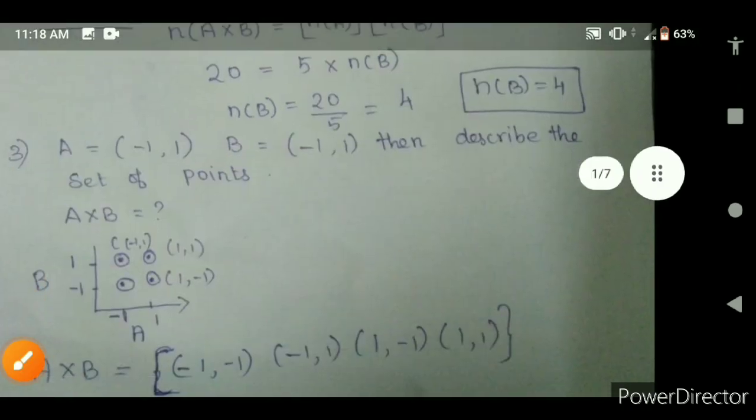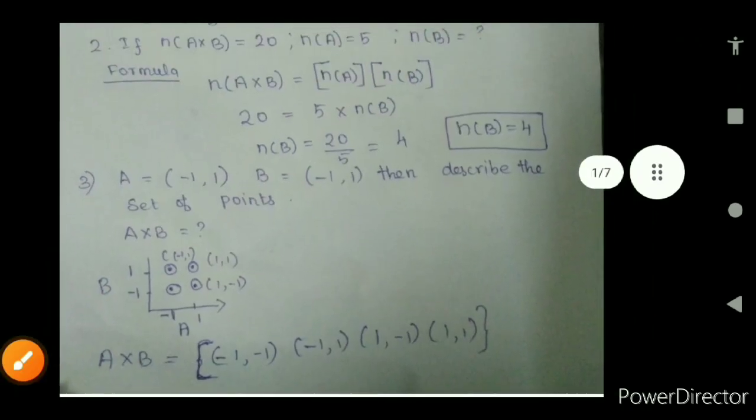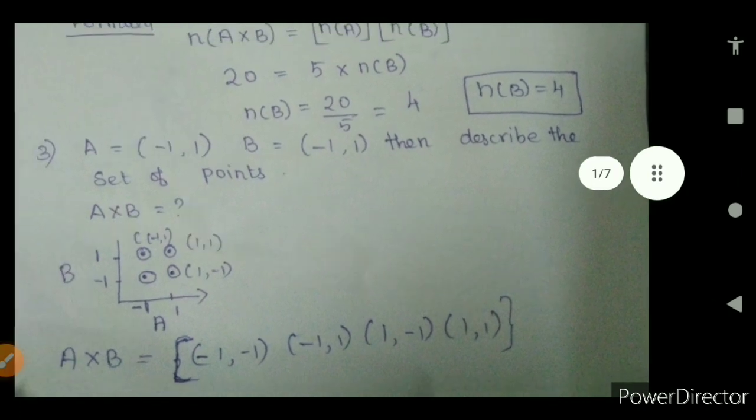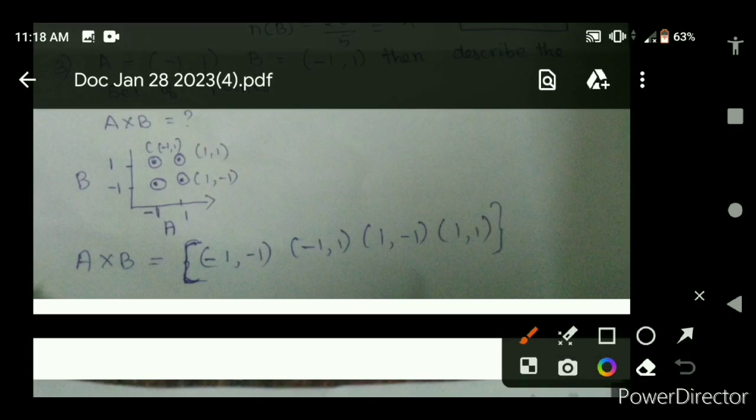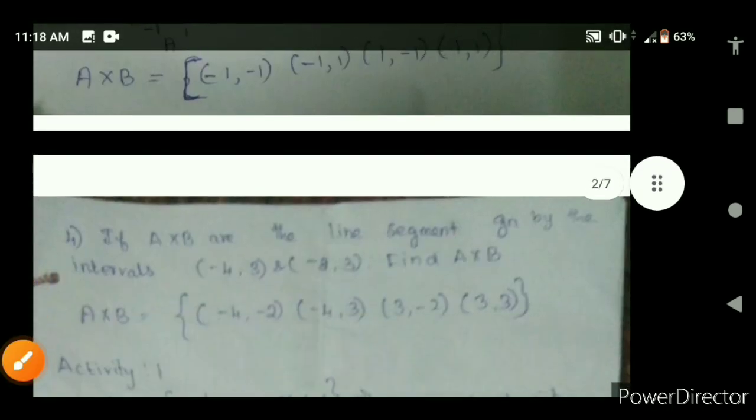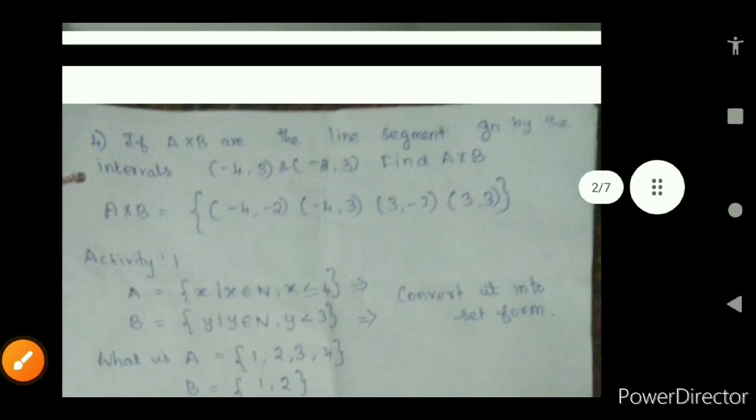See the third question. A contains -1 and +1. B contains -1 and +1. So what are the elements of the product? -1 with -1, -1 with 1, 1 with -1, and 1 with 1. Moving to the fourth question.